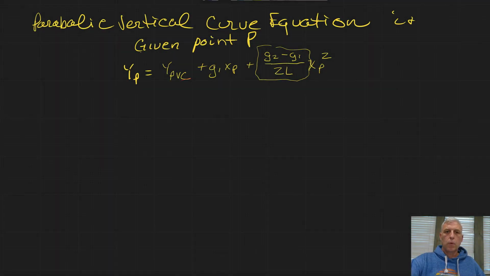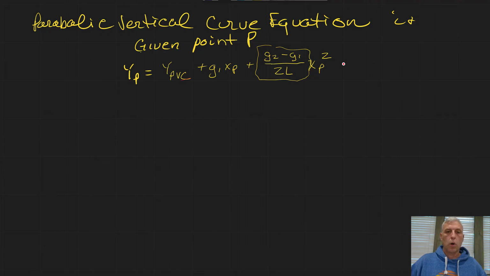Last time, we went through a rather diligent derivation of finding the elements, or deriving the elements, coefficients that allow us to find solutions of a parabolic vertical curve.